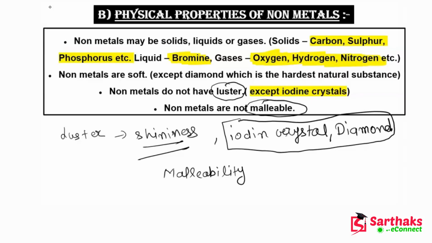So these are the properties of non-metals, and you can see that the properties of non-metals are just opposite of the properties of metals. I hope this is clear to you. Now let's move ahead to the next slide and talk about the other important points.